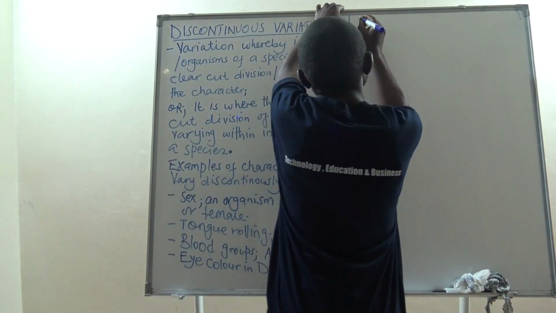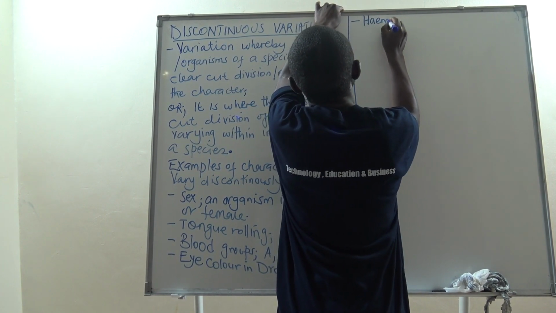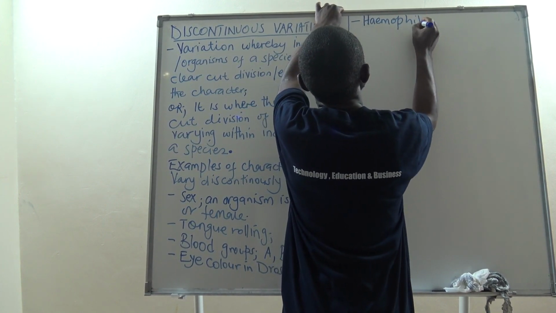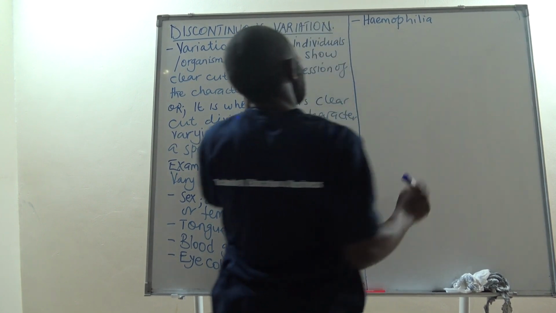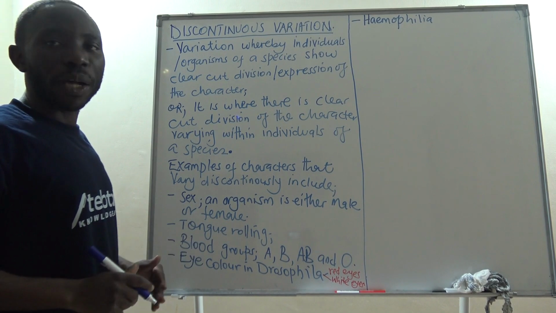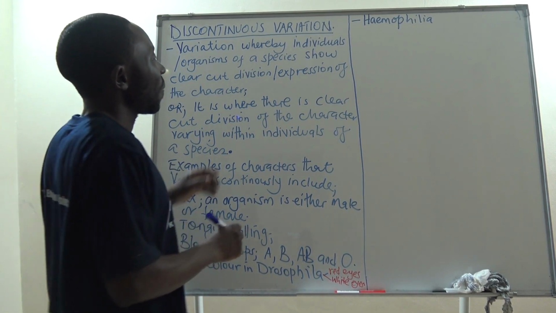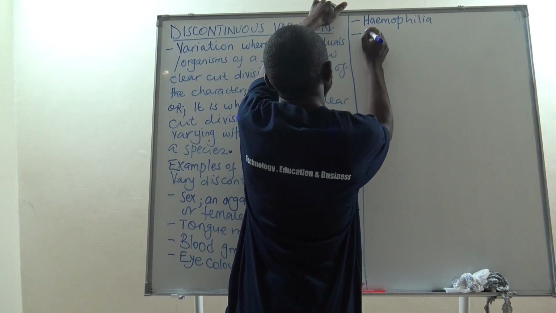The other example here is hemophilia. It is also an example of discontinuous variation. The other one is albinism.